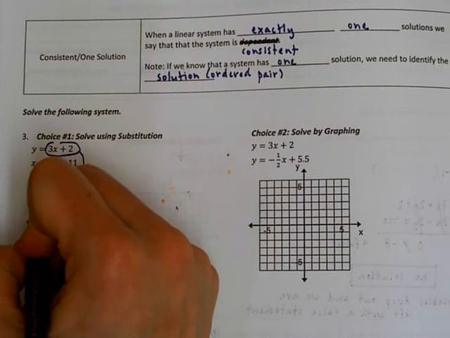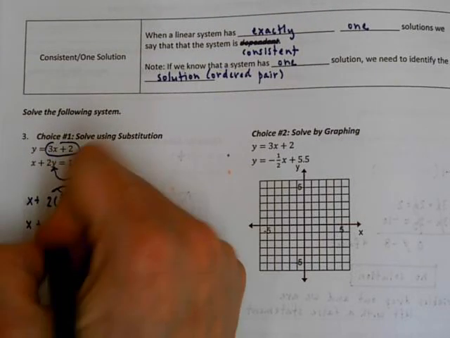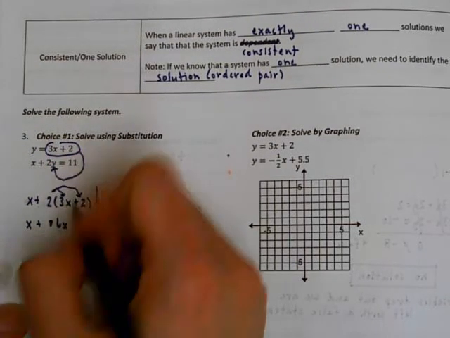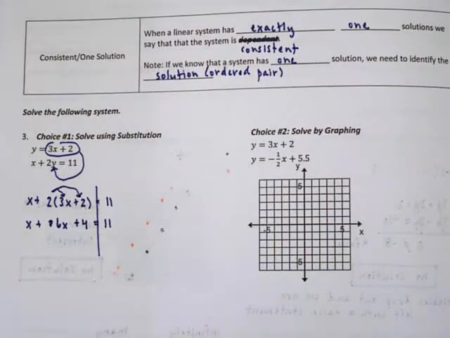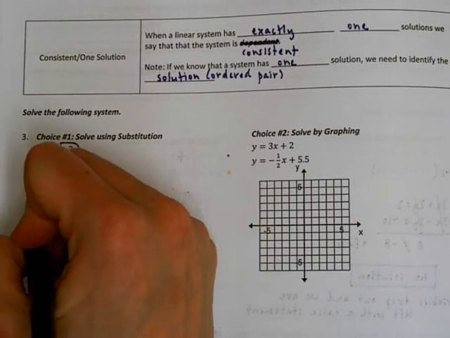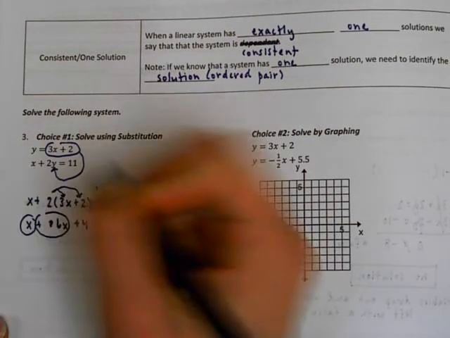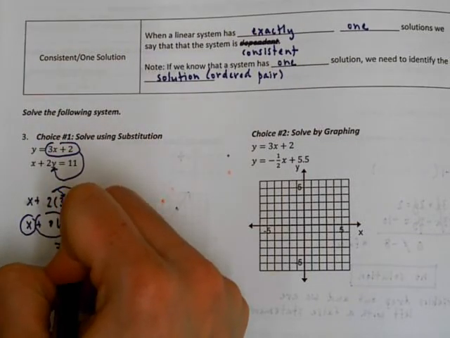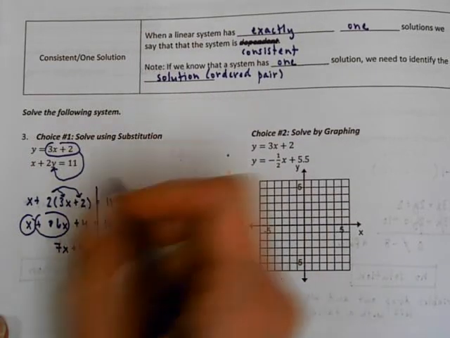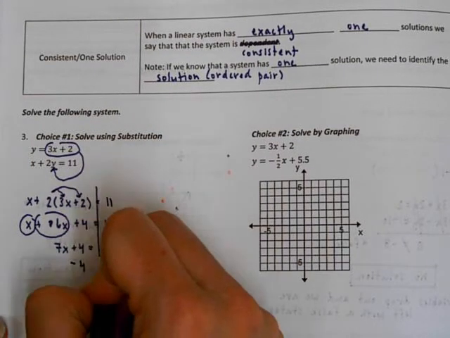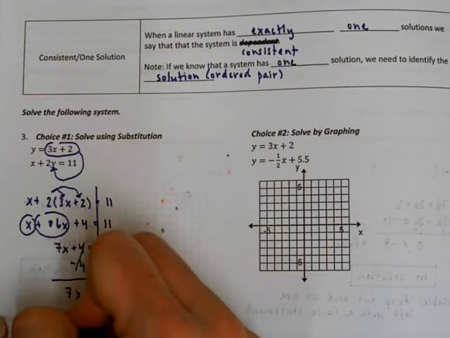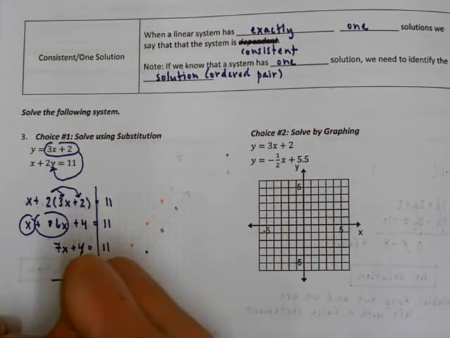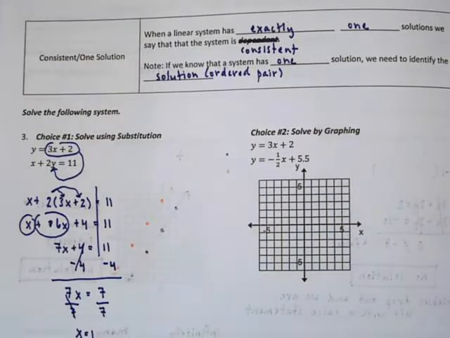I have x plus 2 times 3 is 6x. 2 times 2 is 4, and that's equal to 11. Now I'm going to combine my x and my positive 6x. I have 7x plus 4 is equal to 11. I'm going to finish up here by subtracting 4. And now I'm going to divide by 7 and get x equals 1.